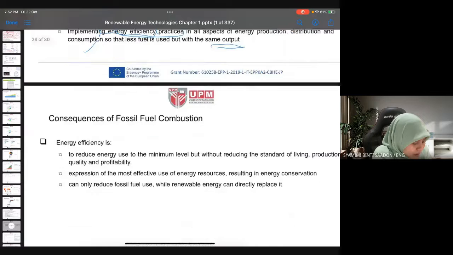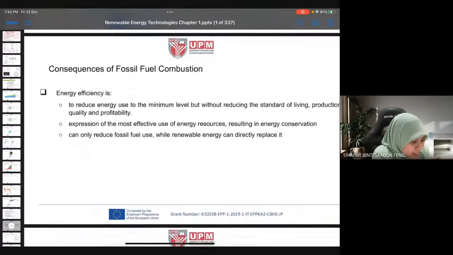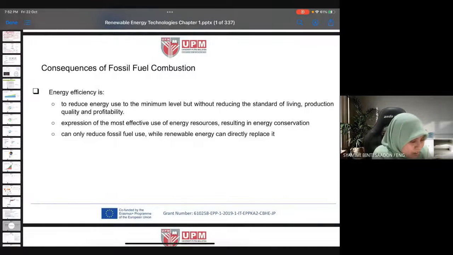Okay. So what is energy efficiency? So when we mention energy efficiency, our aim is to reduce energy use to the minimum level possible, optimize the use of energy without reducing the standard of living, production quality and profitability, of course.